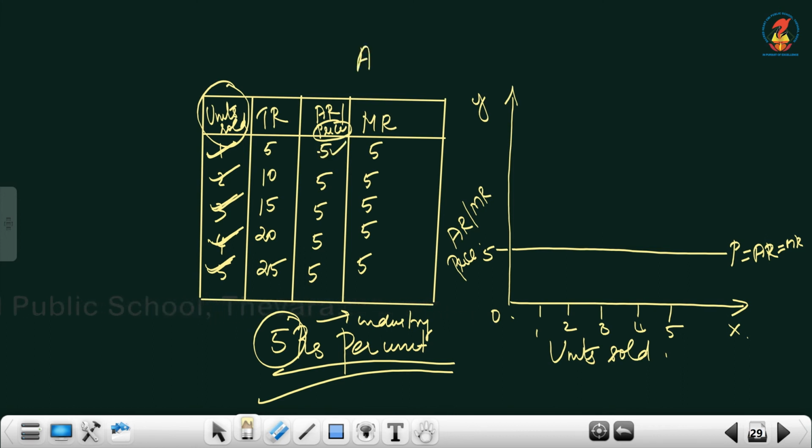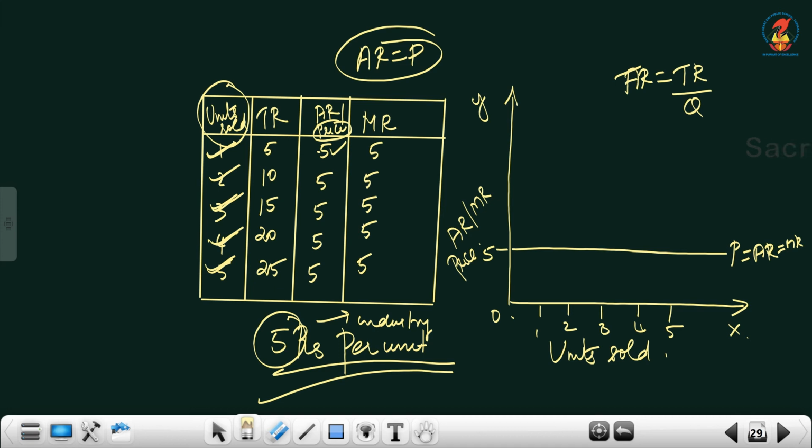You know, AR is equal to price, isn't it? You have learned it. How is AR equal to price? Because you know, AR is equal to TR by Q. We solved this equation in the last videos, isn't it? Now we will expand TR as P into Q, because TR is equal to P into Q by Q, isn't it?